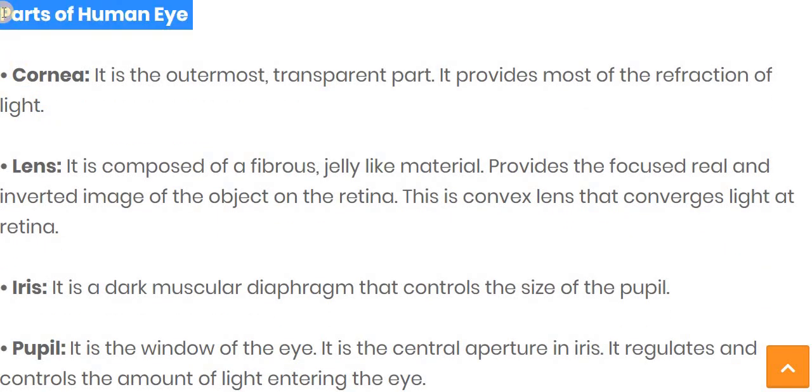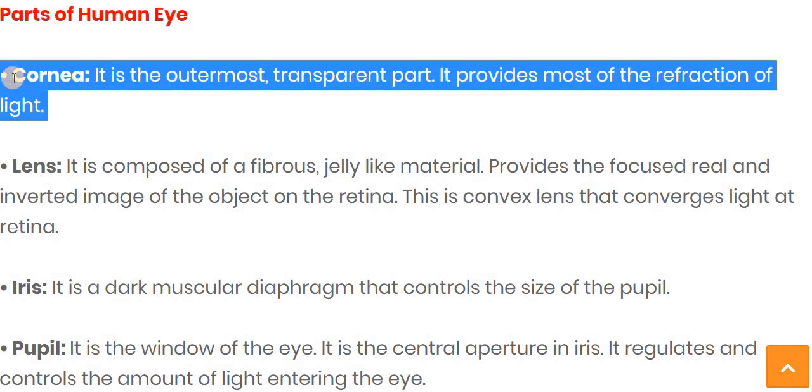Now let's see in detail the parts of the human eye. The first one is the cornea. The cornea is the outermost and transparent part of the eye.